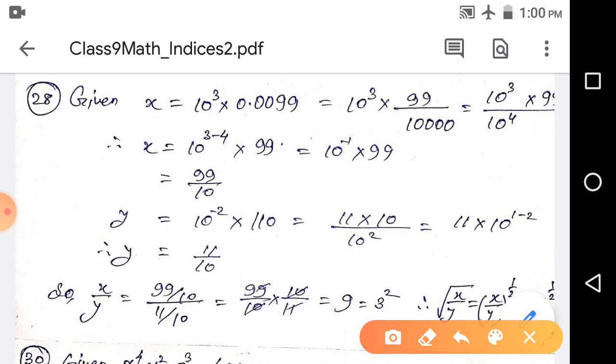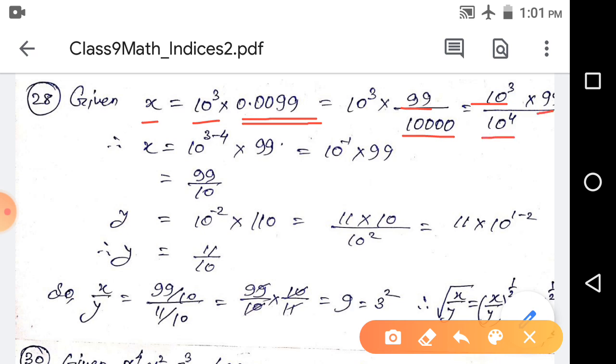Here we have x equals 10 to the power 3 into 0.0099. This 0.0099 can be written as 99 by 10 to the power 4, that is 1 followed by 4 zeros. So this becomes 10 to the power 3 divided by 10 to the power 4, into 99.